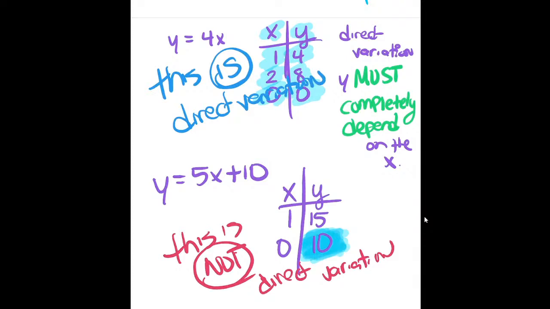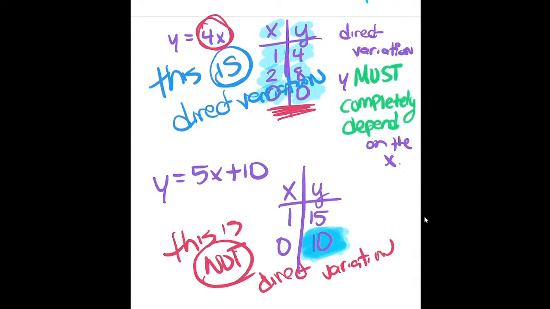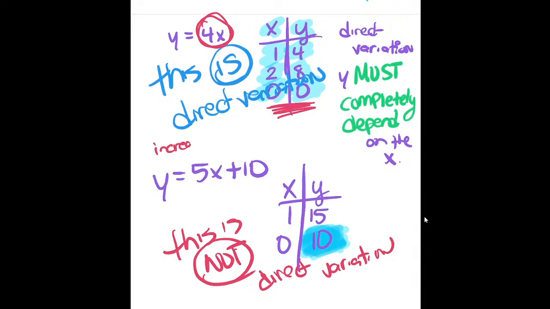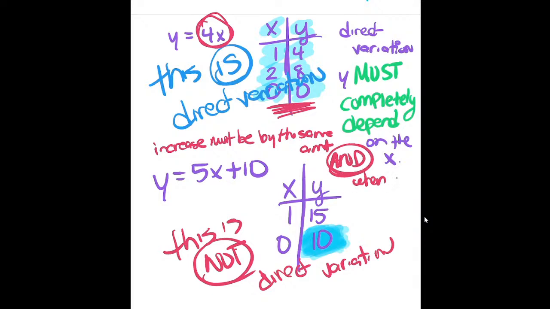Again, the reason is this equation right here is increasing by 4, and when x is 0, y is 0. You have to have both. The increase must be by the same amount, and when x is 0, y is 0.